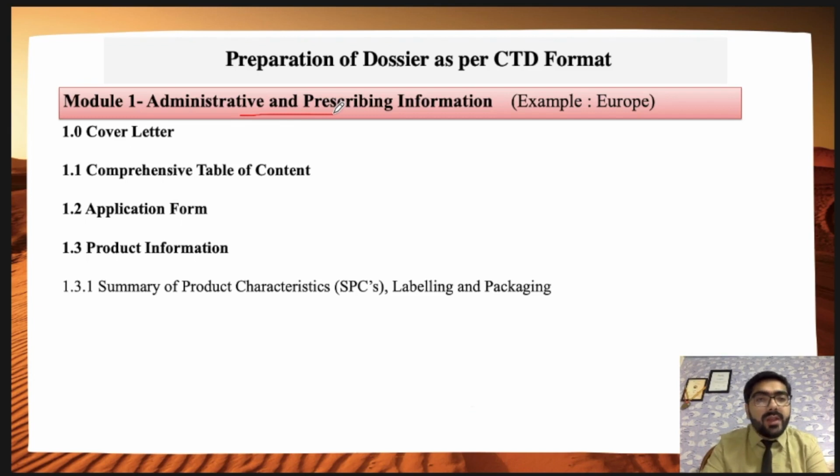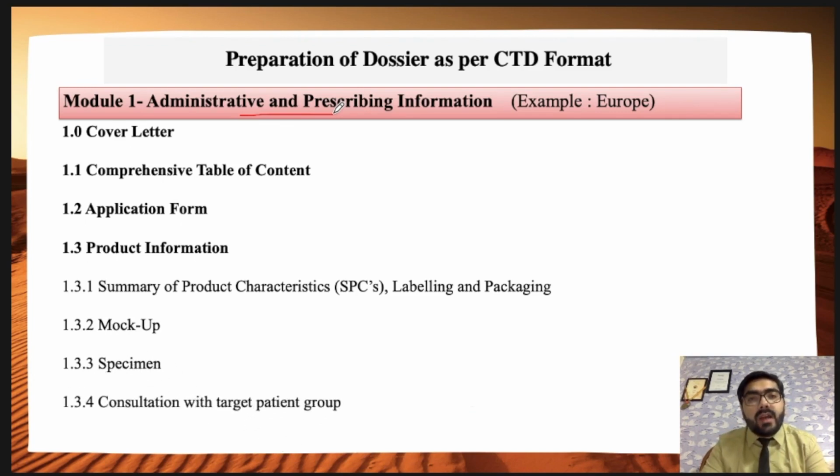Then mock-ups, and specimens, then consultation with the target patient group, where we submit the data from whatever we consult with the target patients. Then the summary of product characteristics already approved in the member states, because in Europe there are 27 member states, and one is the UK, but due to Brexit, the UK is a separate country now.